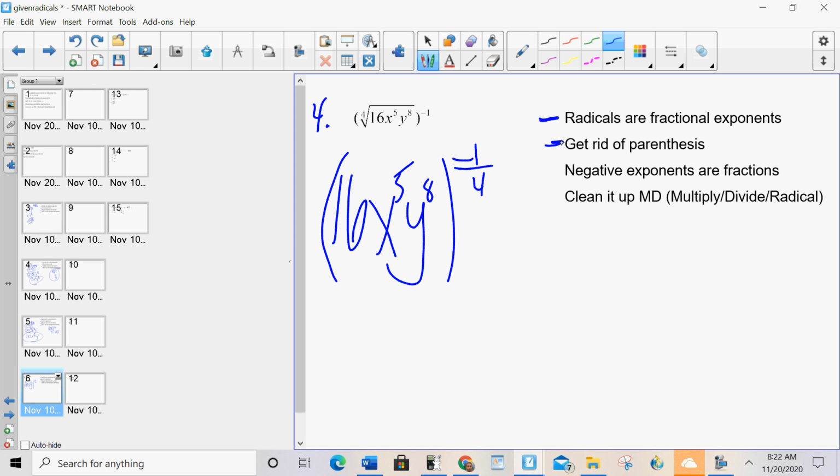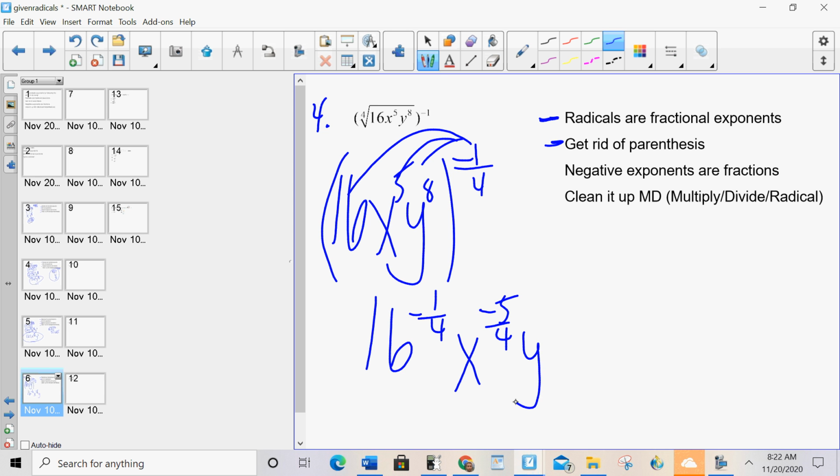Give that negative 1/4 power to everything inside. 16 to the negative 1/4. X, 5 times negative 1 is negative 5 over 4. Y, 8 times negative 1 is negative 8 over 4, which is negative 2.